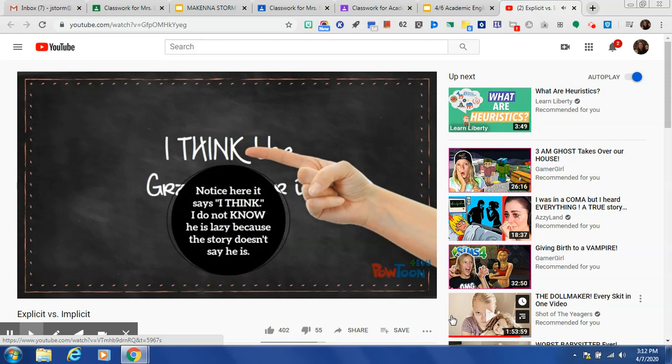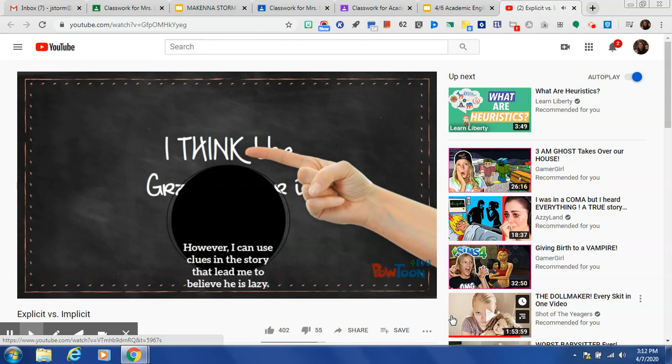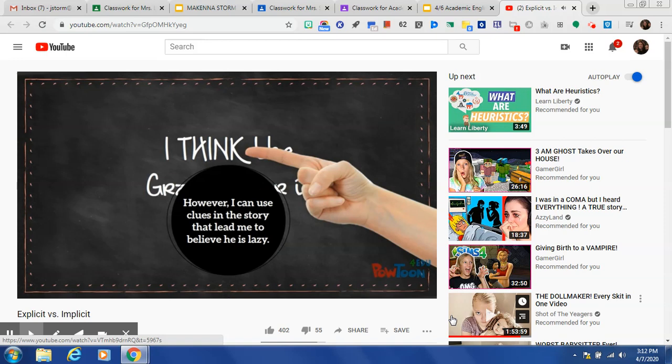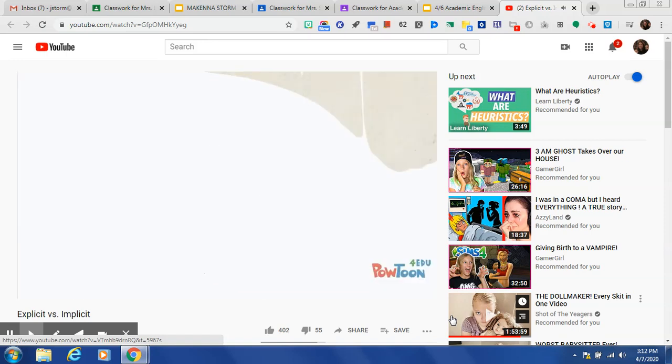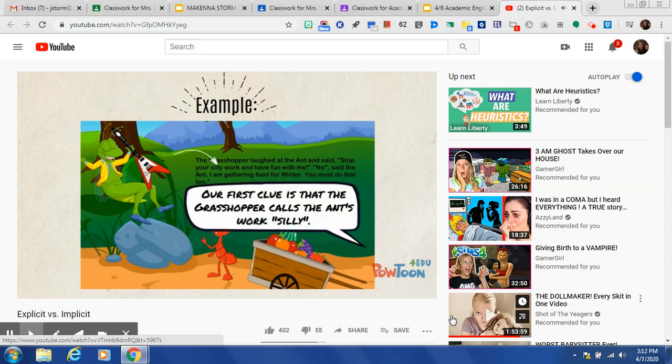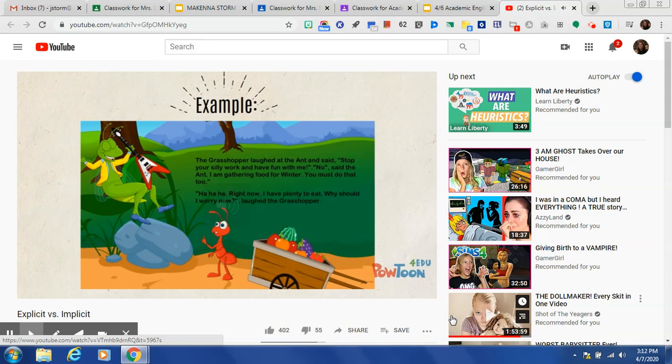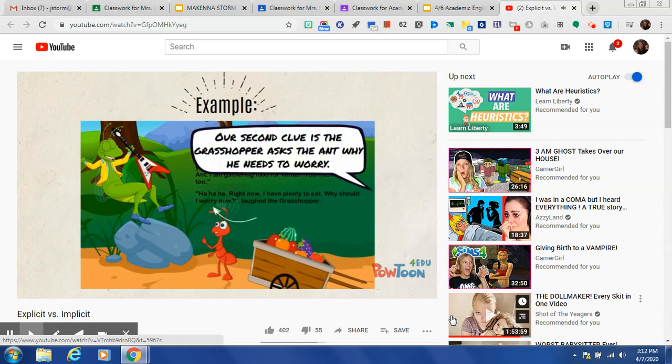I'm not saying I know he's lazy because the story doesn't actually say that he's lazy. However, I can use clues in the story that lead me to believe he is lazy. The first clue that makes me think that the grasshopper is lazy is where he calls the ant's work silly. Because he uses that word silly, it means he's not wanting to do any work and is therefore lazy. Another clue that makes me think he's lazy is he asks the ant why he needs to worry about winter coming and not having enough food. This tells me that he's relaxed. He's not concerned with getting more food. He's not willing to work any harder.